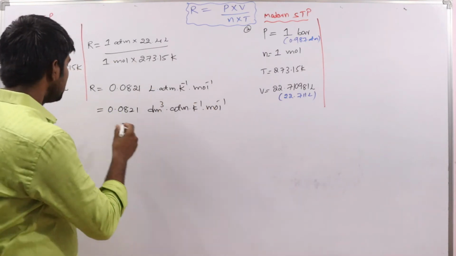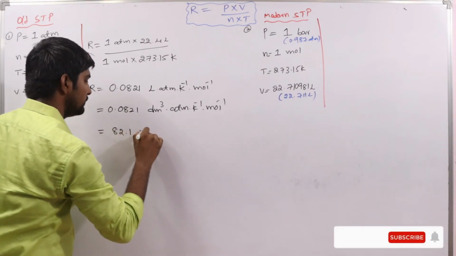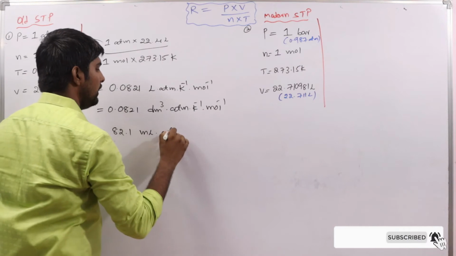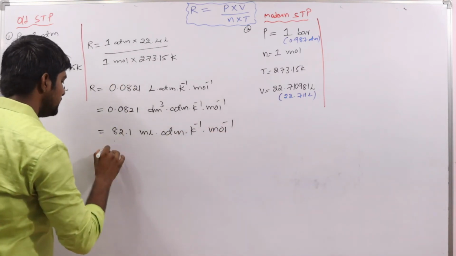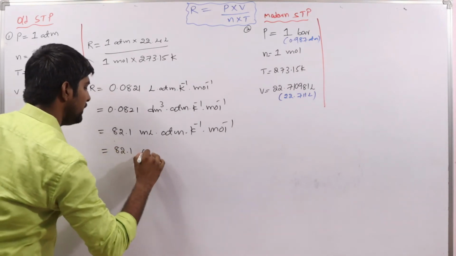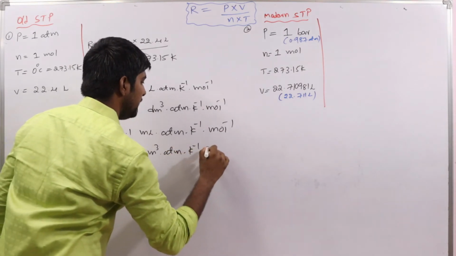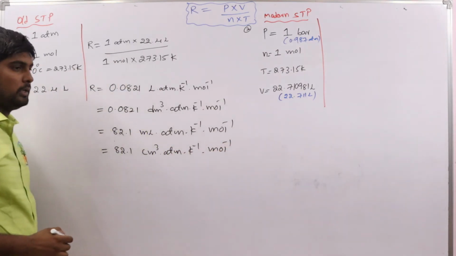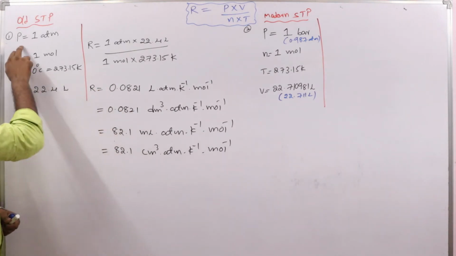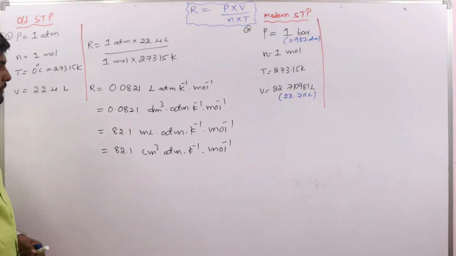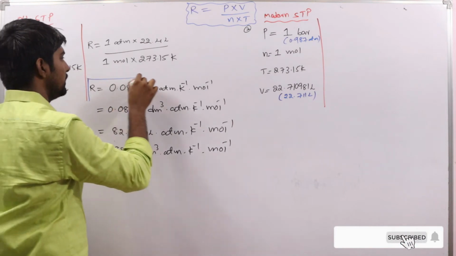We can also write it as 82.1 milliliter atmosphere per Kelvin per mole, or 82.1 centimeter cube atmosphere per Kelvin per mole. These are the different values of R when pressure is 1 atmosphere and volume is 22.4 liters. Majorly you should focus on this one.